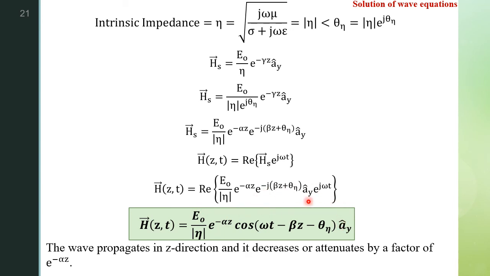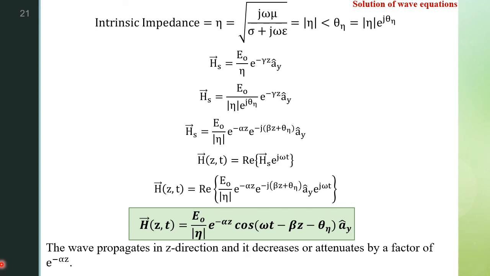When you take the real part, you get cos of omega t minus beta z minus theta eta. When we compare it with the electric field intensity vector, the amplitude reduces by a factor of magnitude of eta and there is a phase shift of theta eta. That is the difference between the electric field vector and the magnetic field vector.